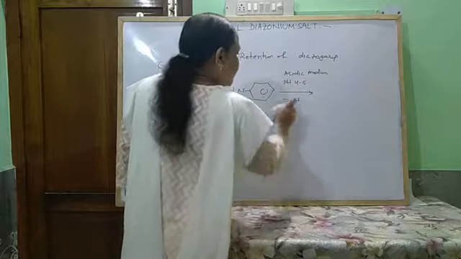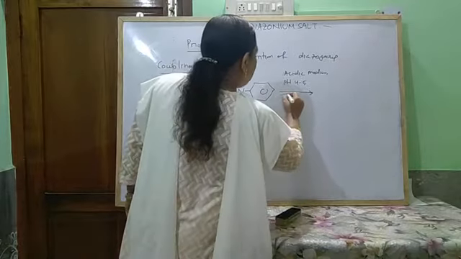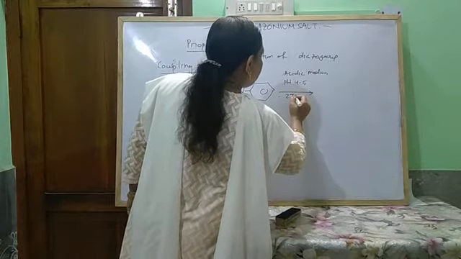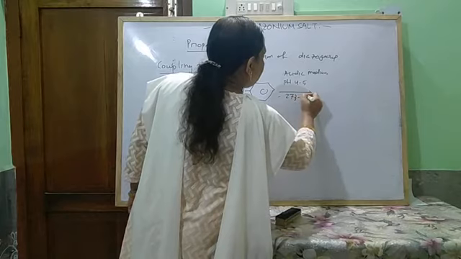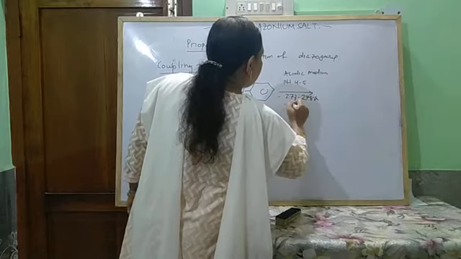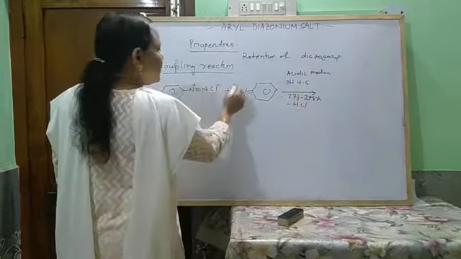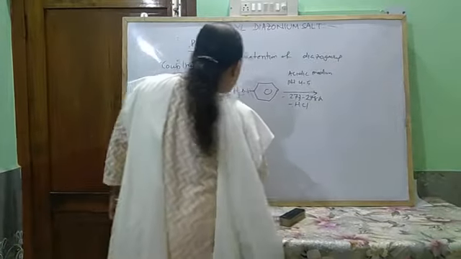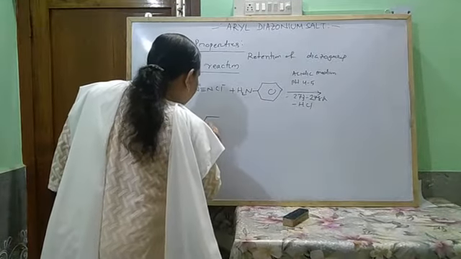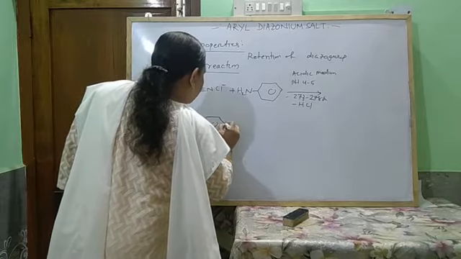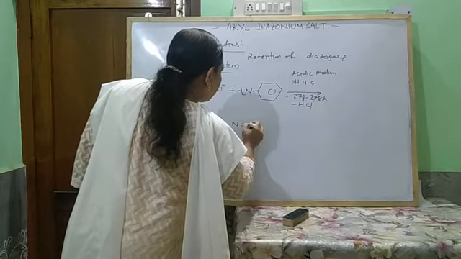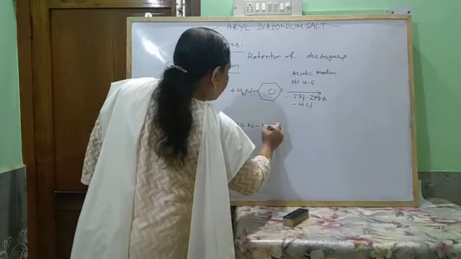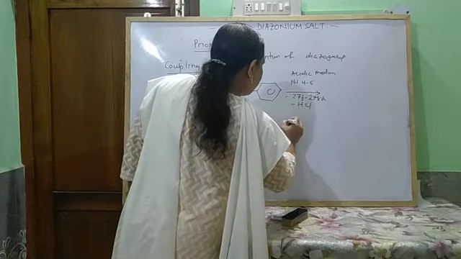Temperature is also the same, low temperature, 273 to 278 Kelvin. So minus HCl is there. First it forms N double bond N NH.